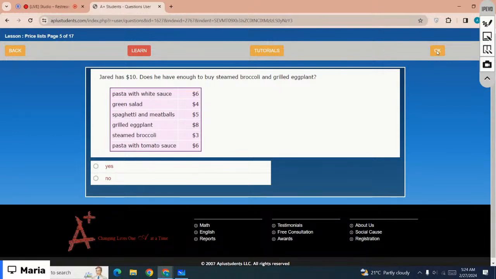The correct option is no, because the grilled eggplant and steamed broccoli cost $11, right? But he has $10. The correct option is no. Okay, you can complete the lesson by yourself later today, right?